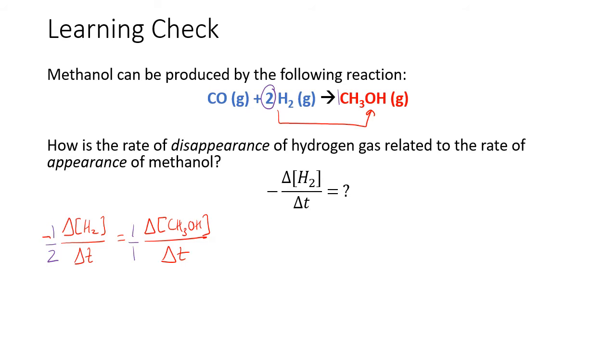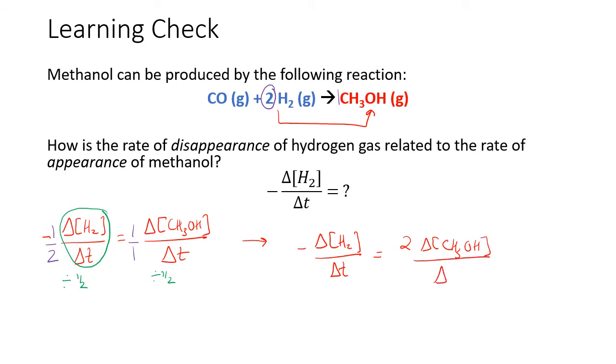So we need to rearrange and solve for this fraction right here. So we would divide by 1/2. What we do to one side, we have to do to the other. And so that would give us negative change in the hydrogen concentration per unit time equal to 2 times the change in the concentration of the methanol per unit time.